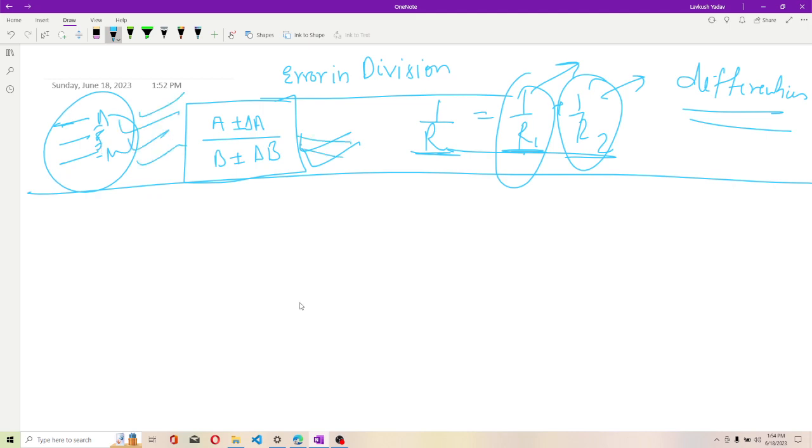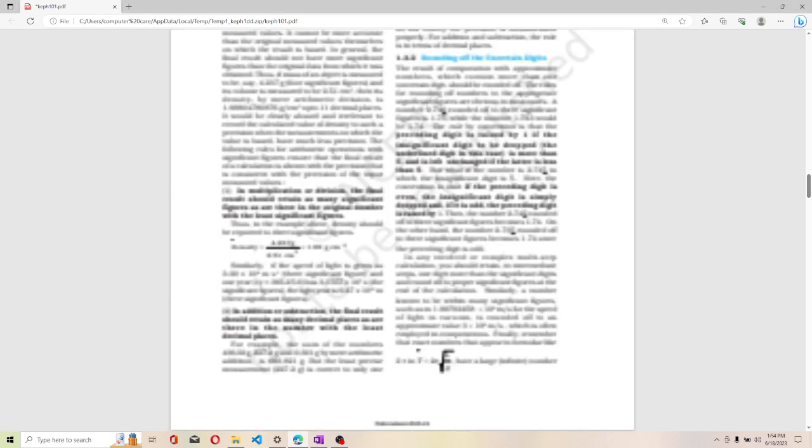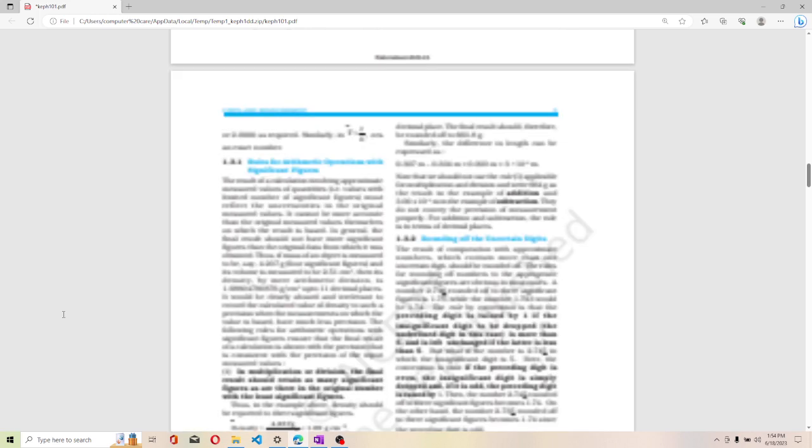So let's go to our NCERT books from where you can do some questions. So I'm just taking, so suppose we have, it is not really visible.